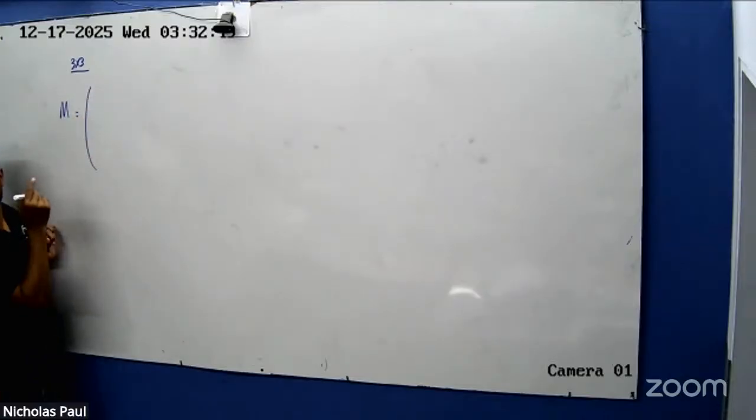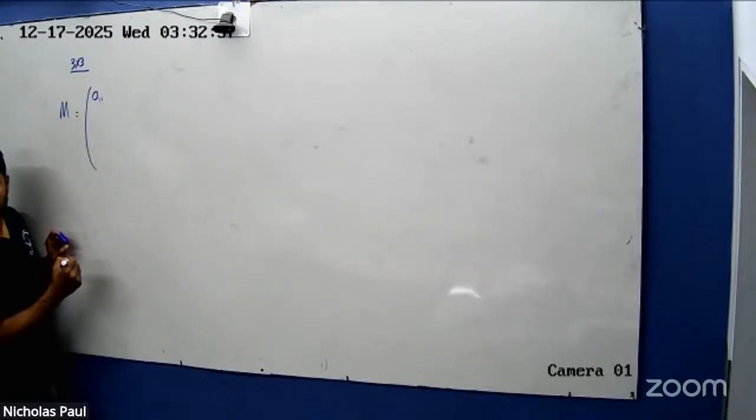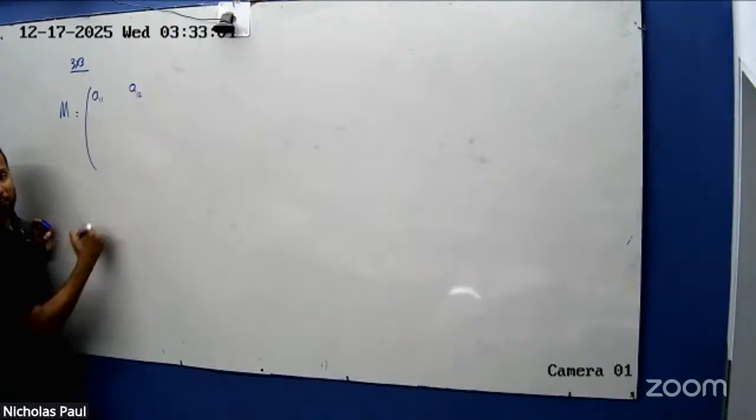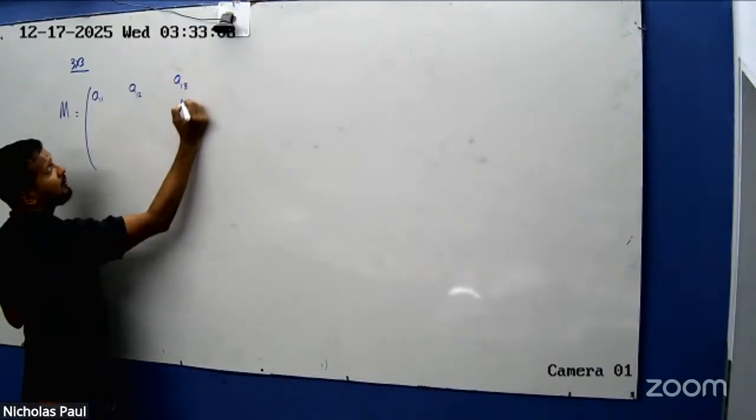The first value in a matrix belongs to the first row and first column. This value next to it is in the first row, second column. And the last one is what? First row, third column.